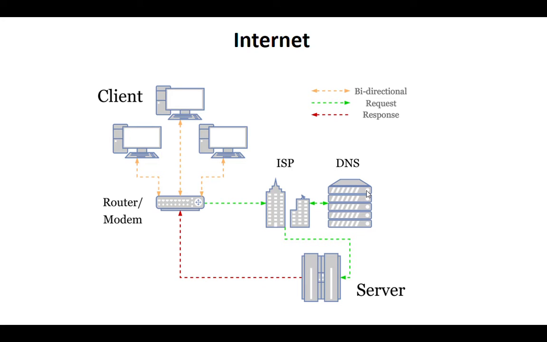DNS servers direct where to go with different addresses, if I remember correctly. And then that eventually goes to servers somewhere, say like Google. Google has massive servers somewhere. These are just servers, just a very large computer, you could think about it, with a lot of storage, a lot of data stored on it.